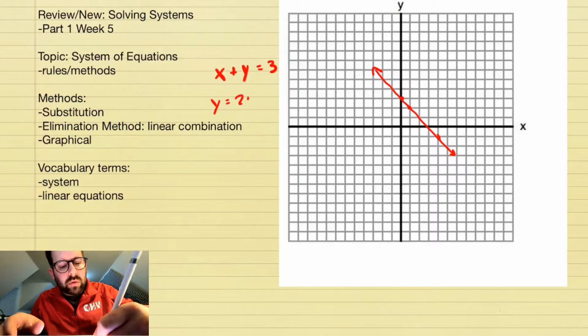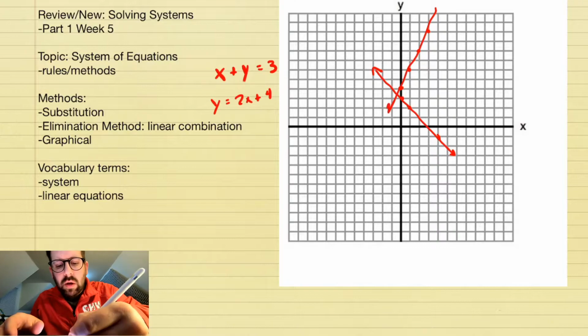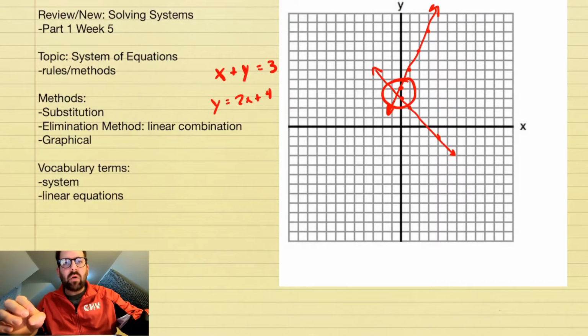Let's call it y equals 2x plus 4, and it was something like this. We're looking at the answer in the middle. That's the idea. We're looking for that one commonality, that spot right where they cross. That's the common solution for both equations.